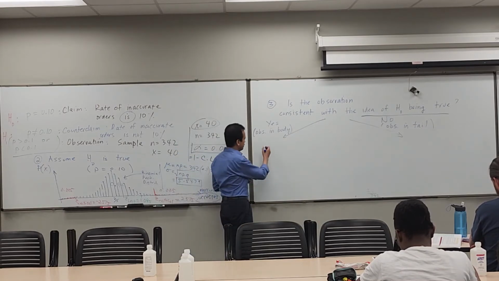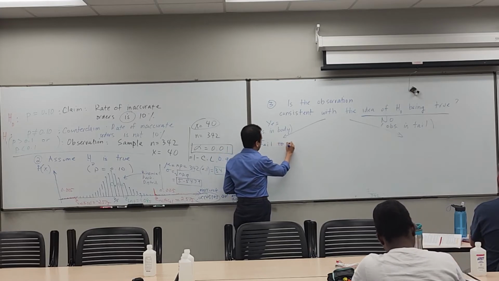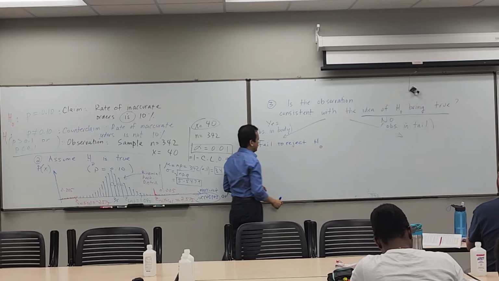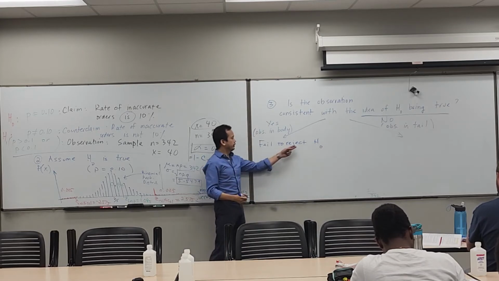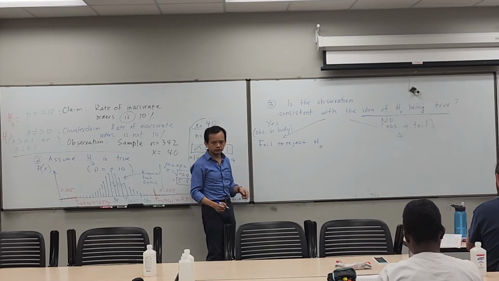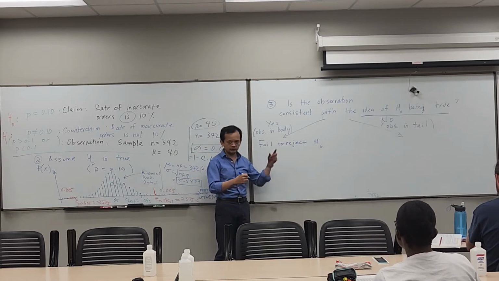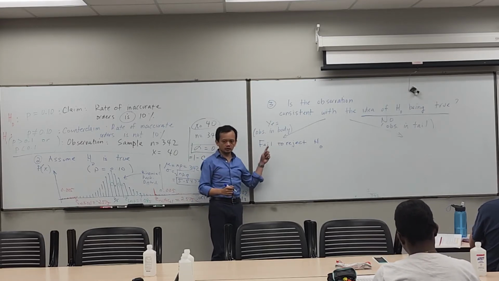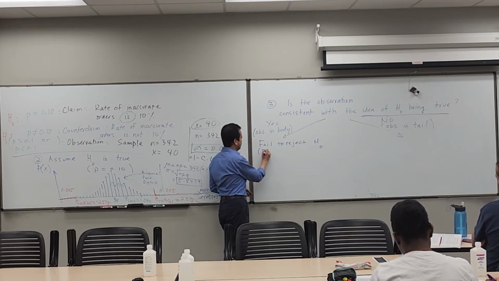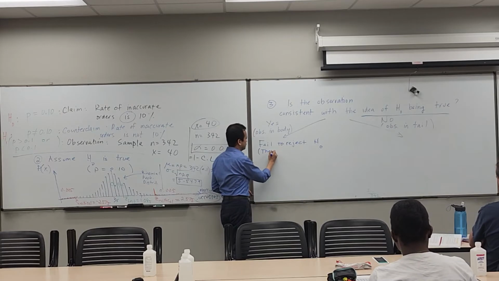So the best conclusion we can make is fail to reject H0. Fail to reject H0 doesn't mean that you can never reject H0, even in the future. It just means for now, based on the evidence that we just observed, don't reject H0 yet. So another way to say that is there is insufficient evidence to reject H0.